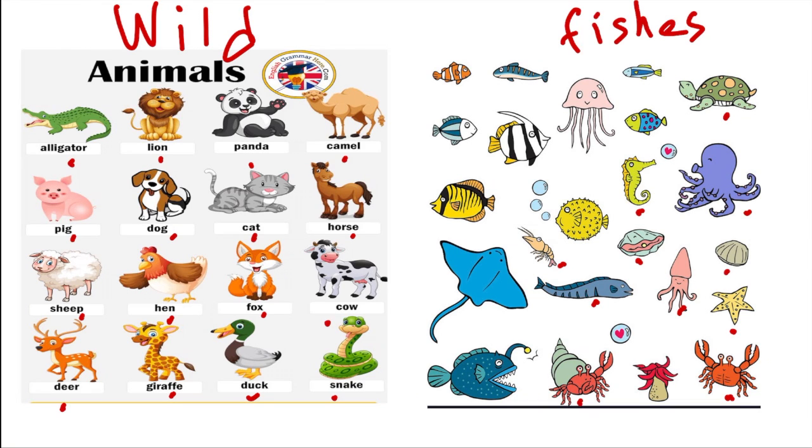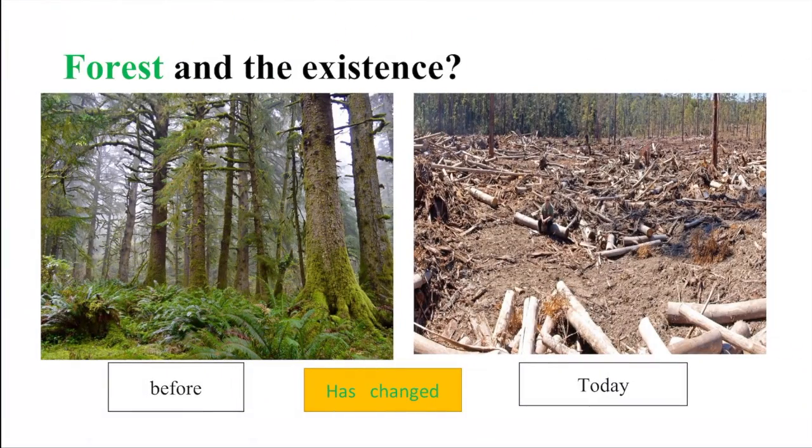This one, shell crab, and stingray. Electric fish, and this one is eel. So fishes live in the water as their habitat.